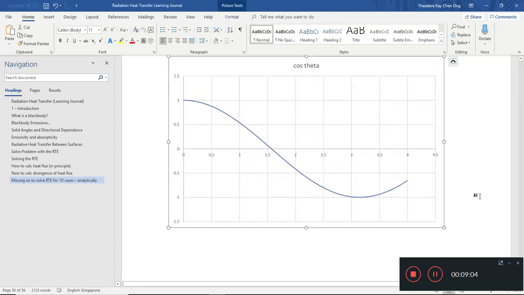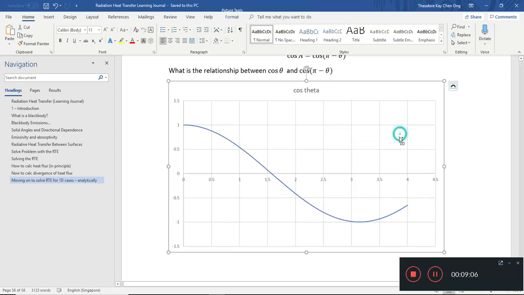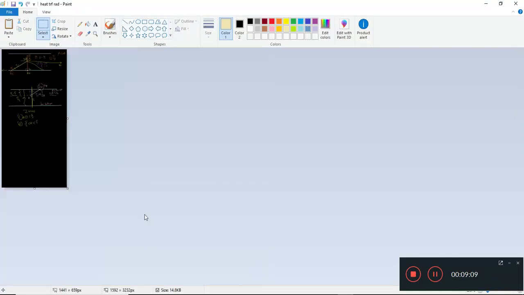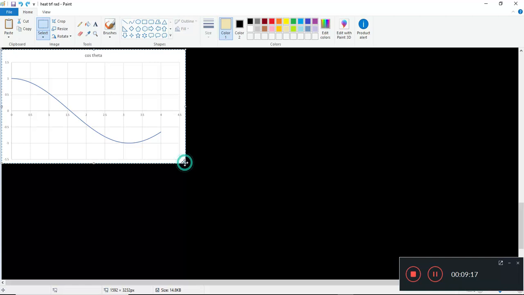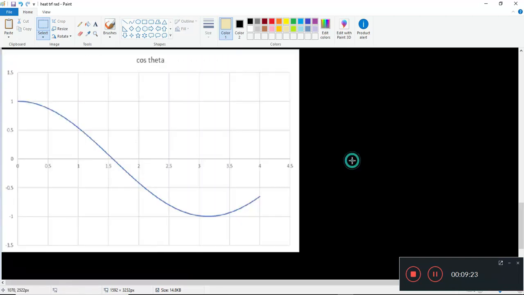I'll zoom in here. Let me drag it up. Yeah, there's basically a reflection over here. I'll use a brown pen. There's a reflection over here at pi by 2.